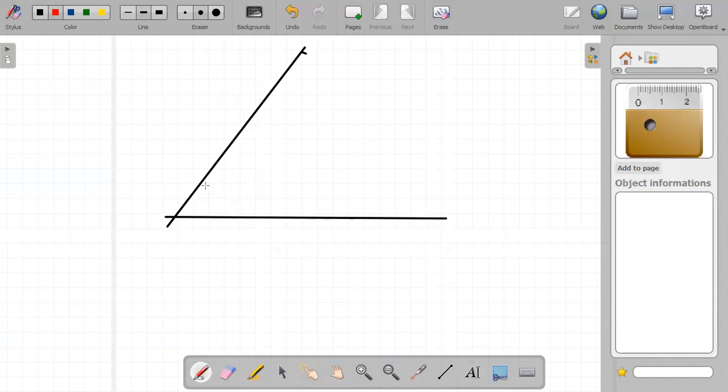Yes, sir. That means sometimes we can have dynamic angles by changing both arms, for example a pair of scissors. Sometimes we can have dynamic angles by changing only one arm.